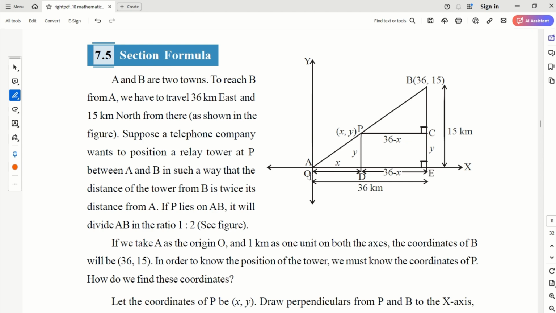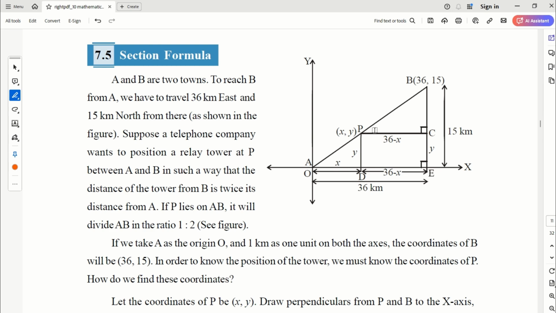Now on the x side, this is x, so DE will be 36 minus x. This is a rectangle again, so PC is also 36 minus x. Now look at these two triangles carefully, ODP and PCB. Angle O and angle P are the same.